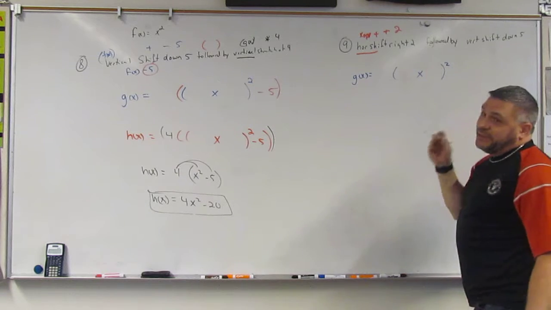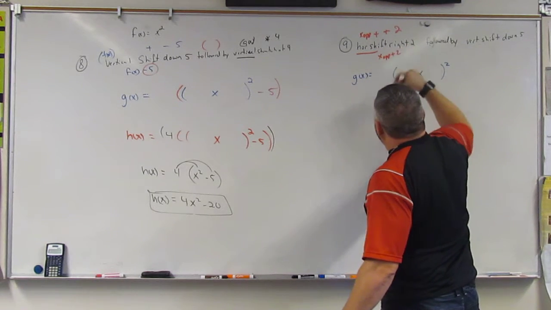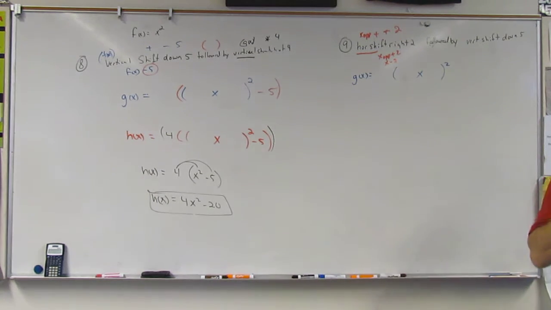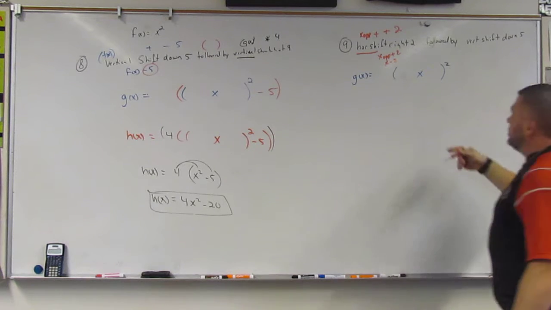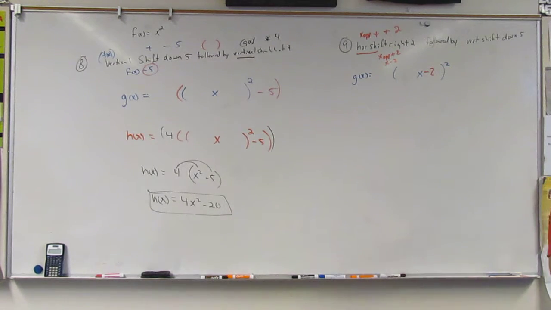So plus 2 is just plus 2, right? So x opposite of plus 2, which is x minus 2. So what happens there is the minus 2 goes inside. Okay? The minus 2 goes inside.